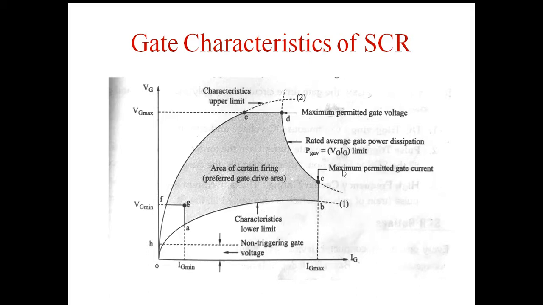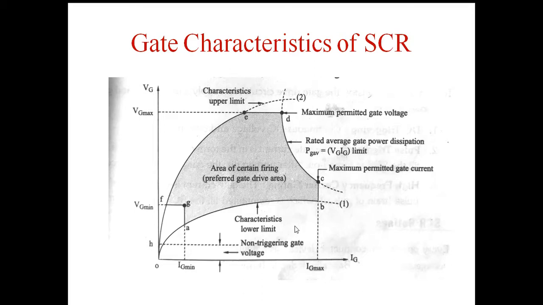The gate characteristics will be similar to the VI characteristics of a PN junction diode, but here the axes will be interchanged.